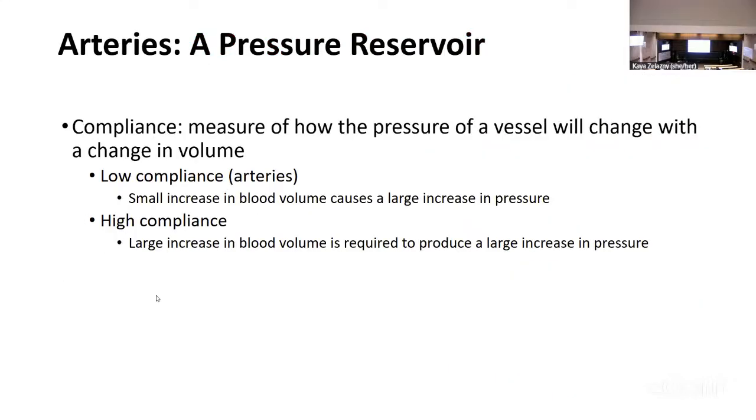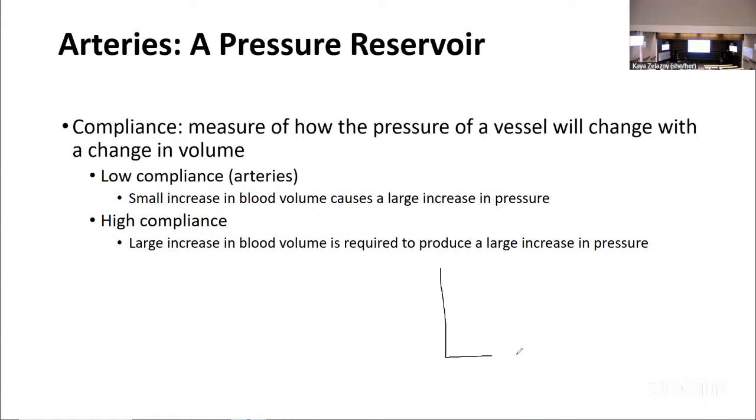Okay, so compliance. Compliance is a relationship between pressure and volume. When we see graphs of this, it's going to look like this. We're going to have pressure on the x-axis, and on our y-axis, we have volume.